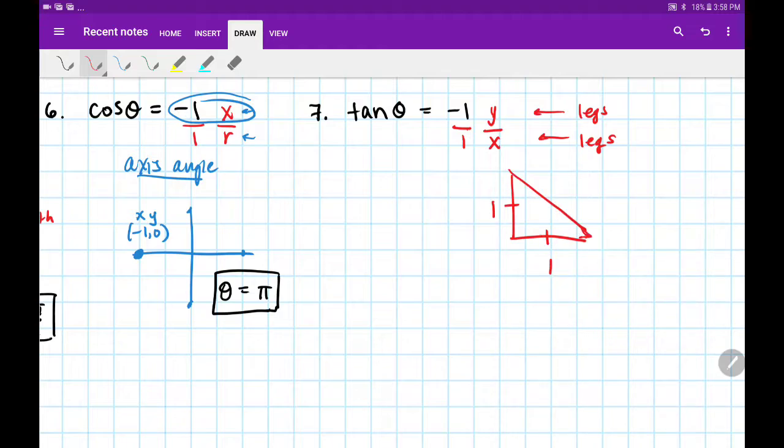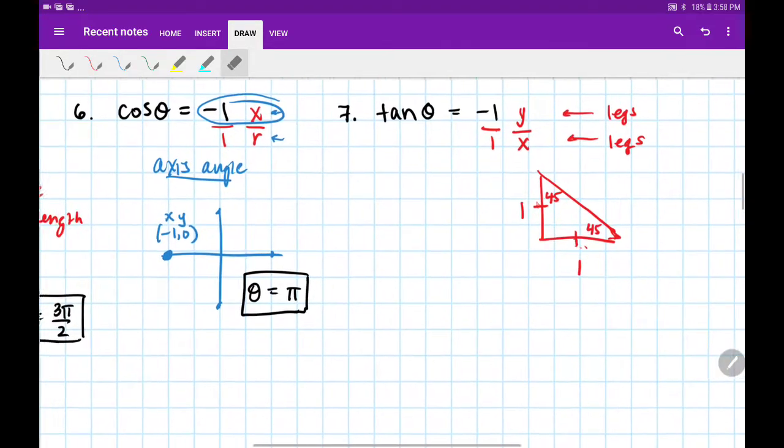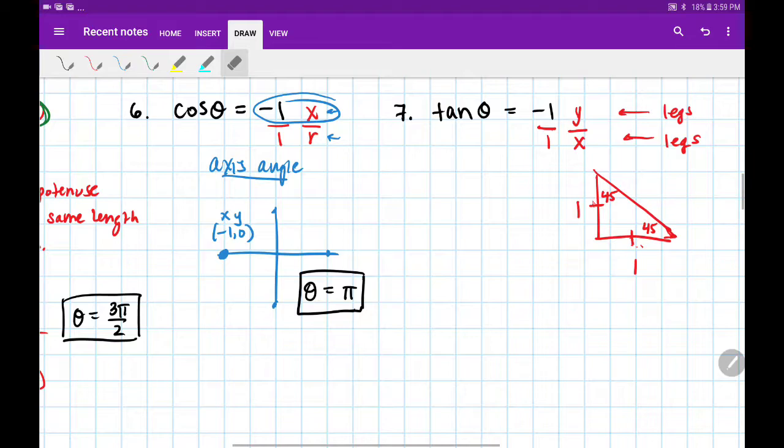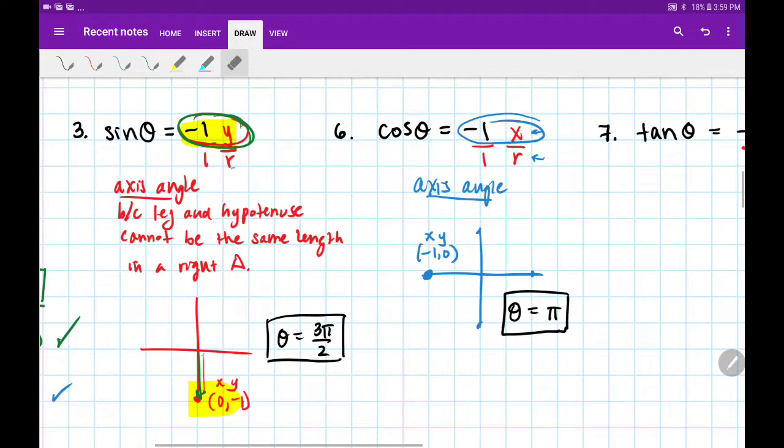Yeah, in fact, if the side lengths are the same, doesn't that mean that this is isosceles, or basically a 45 triangle? Right? Our legs can be the same. I want to make a distinction between this problem and the previous ones. In number 3 and number 6, when it equaled -1, we said it was an axis angle.